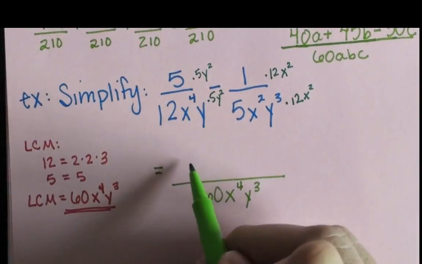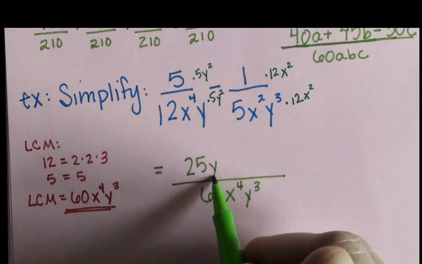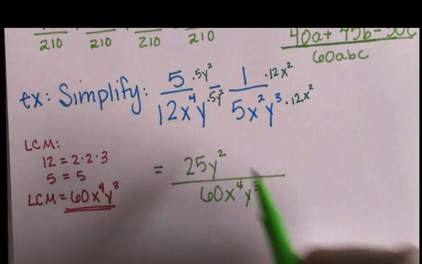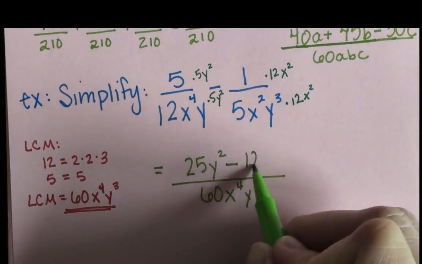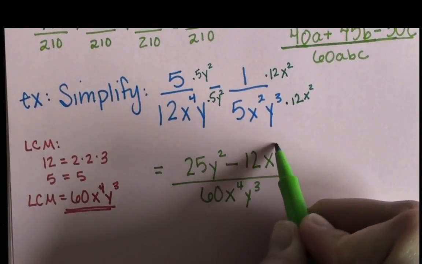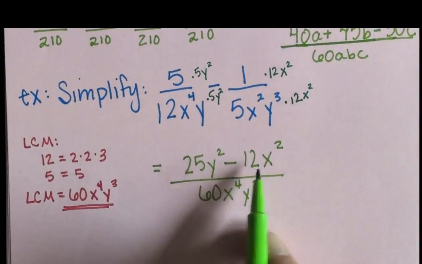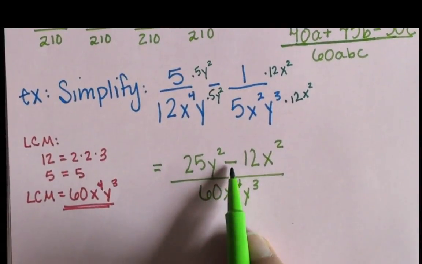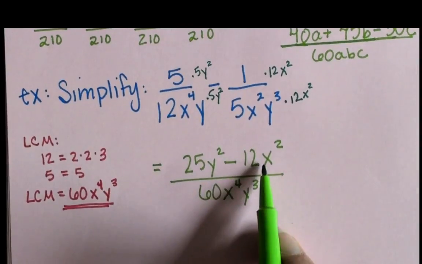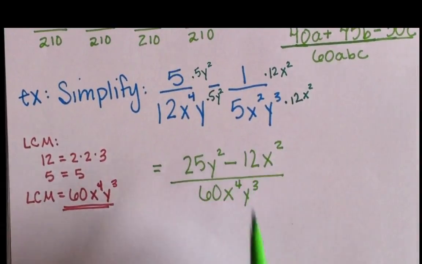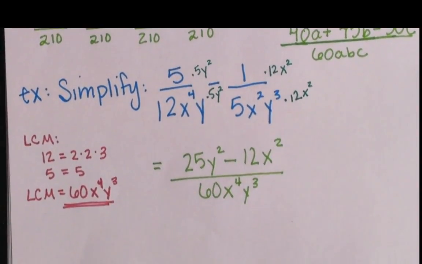And on top, we have 25y squared minus 12x squared. And in this case, it was almost the difference of two squares. 25 is something squared, y squared is something squared, x squared is something squared, 12 is not. So we're going to leave that as is.